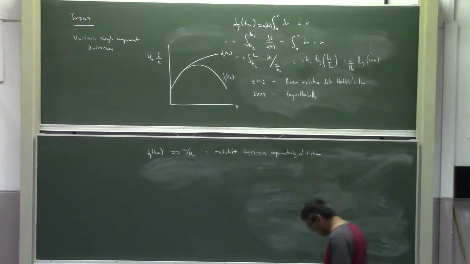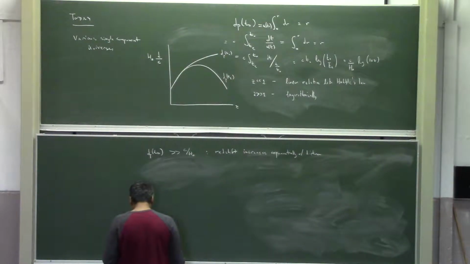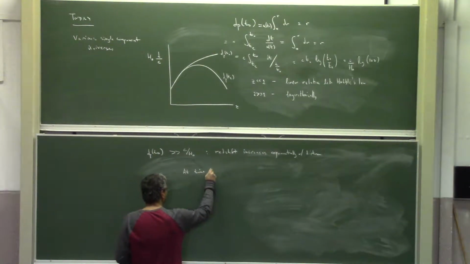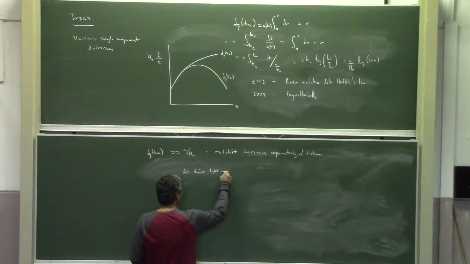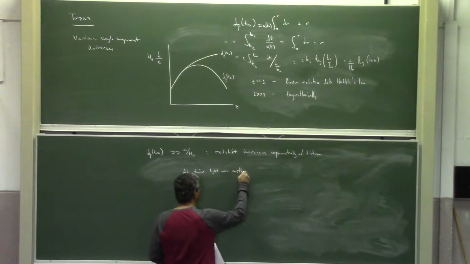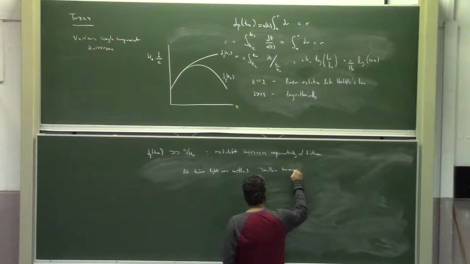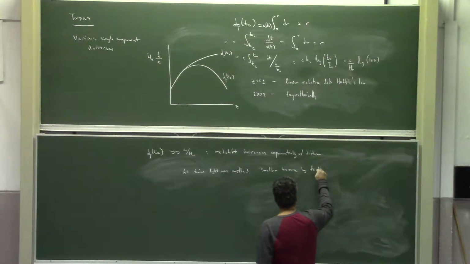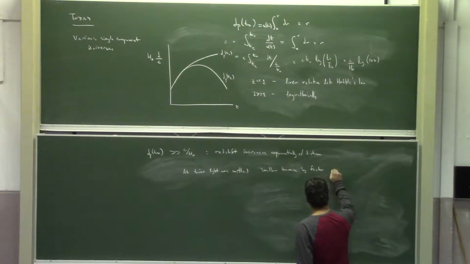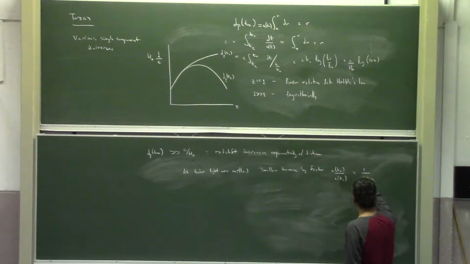That doesn't make sense. So the explanation for this is that at the time the light was emitted, the universe is smaller by a factor A of t emission over A of t observation, which is 1 over 1 plus z.